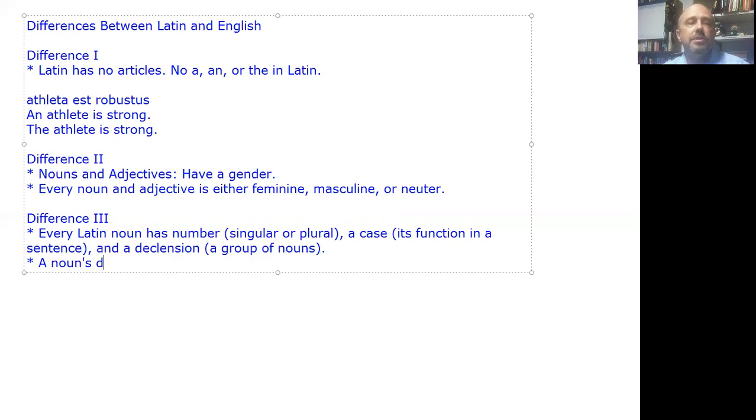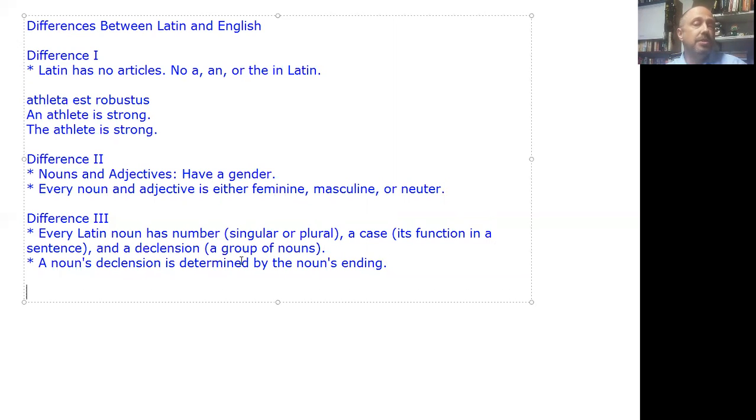A noun's declension is determined by the noun's ending. So, for the nouns that you're looking at right now, we're dealing with only the first and second declensions.